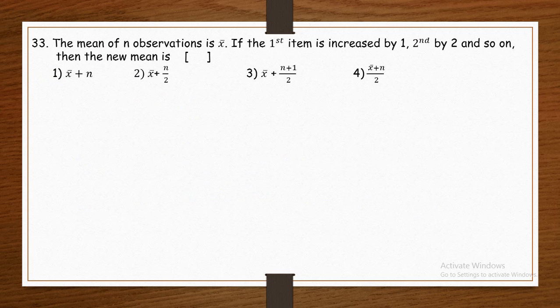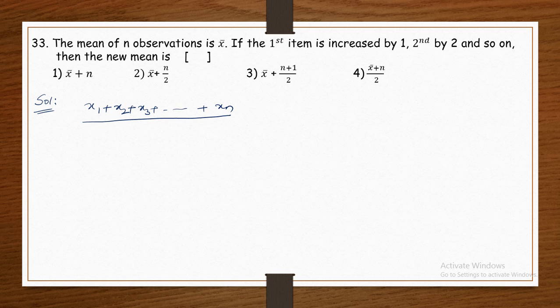What he has given: the mean of n observations is x bar. If the first observation is increased by 1, the second observation by 2, and so on, then the new mean is... Let us see. Suppose the first observation is x1, the second is x2, the third is x3, likewise n observations.